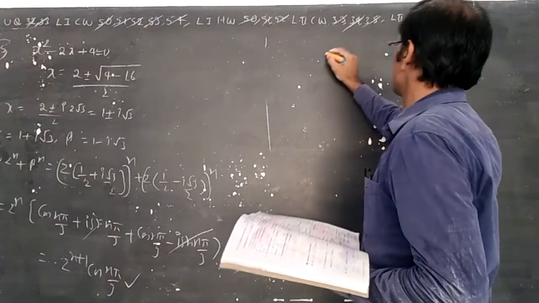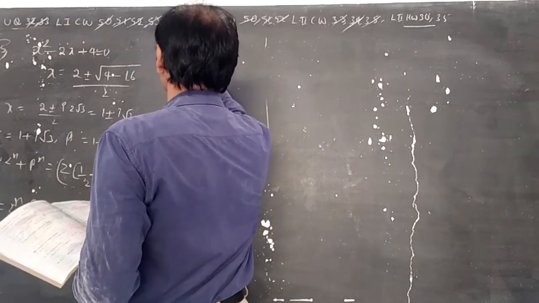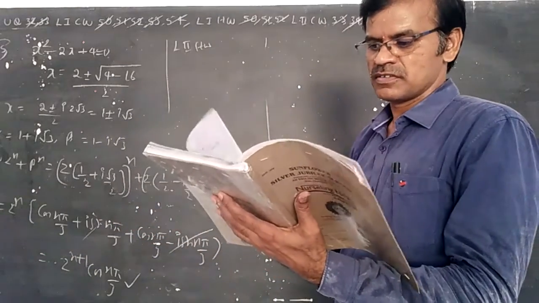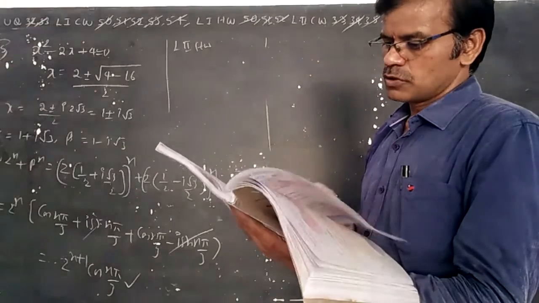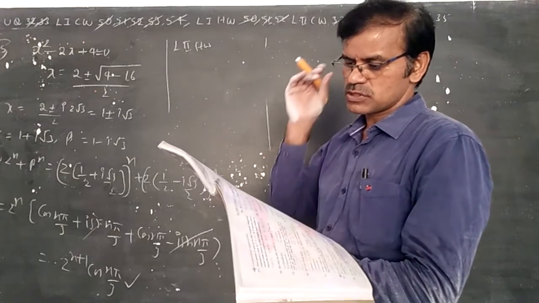So level 1, level 2 class work is completed. Let us discuss level 2 homework. Level 2 homework 35 is tomorrow's class.